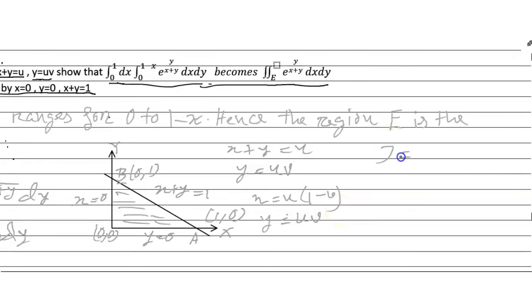So J equals to del x comma y over del u comma v, with xu, yu.